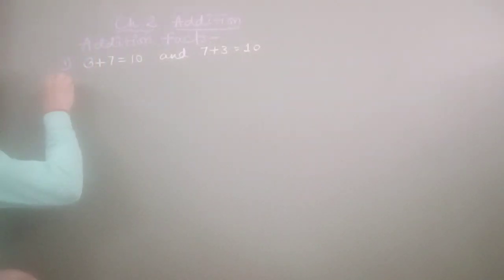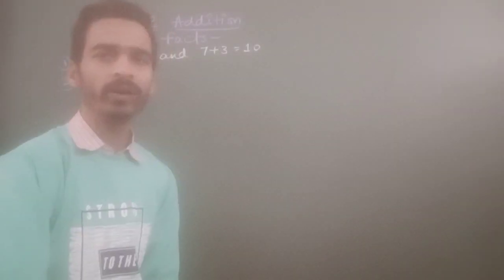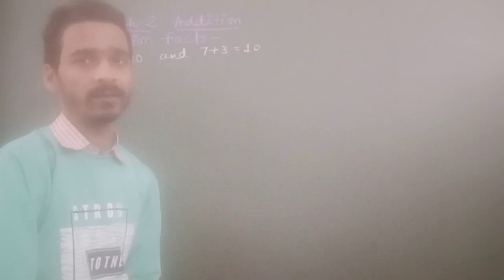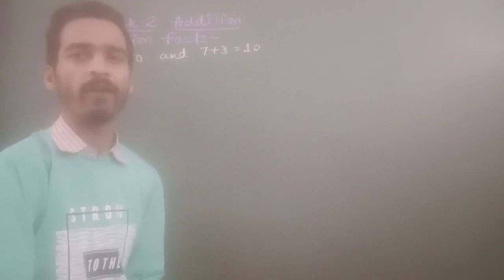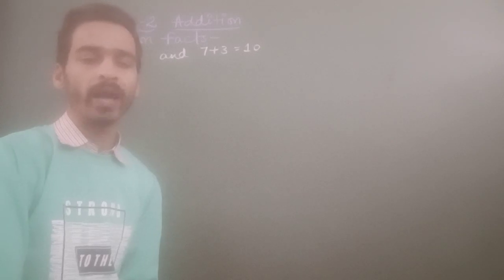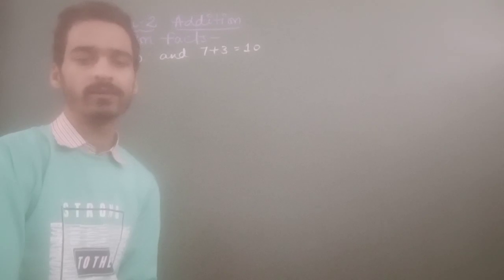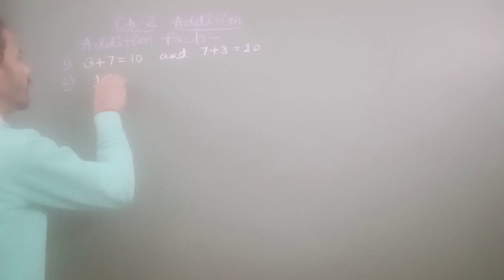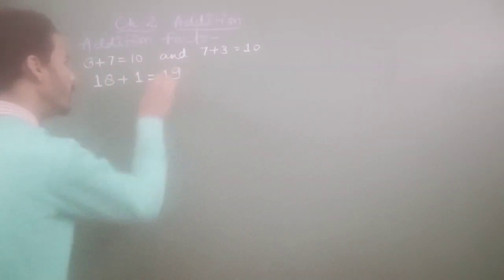Now come to the next addition fact, that is when 1 is added to a number, the sum is the number after that, which means the successor. If you want to find the successor of any number, you have to add 1 to the number. So 18 plus 1 is 19, and 19 is the successor of 18.